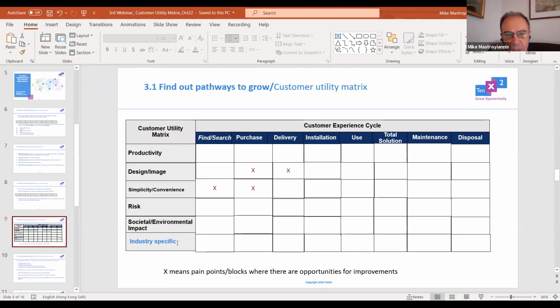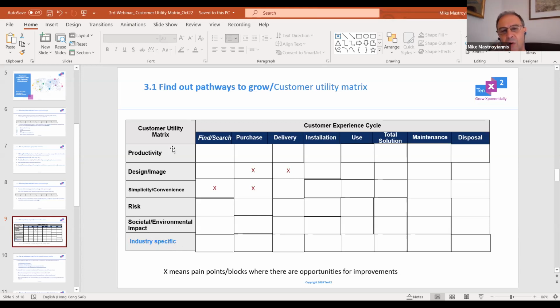For example, in certain industries, the accuracy of the whole process is very important, or the quality is essential, or speed of responses can be very important. So then you fill this in yourself for the different applications depending on which industry.